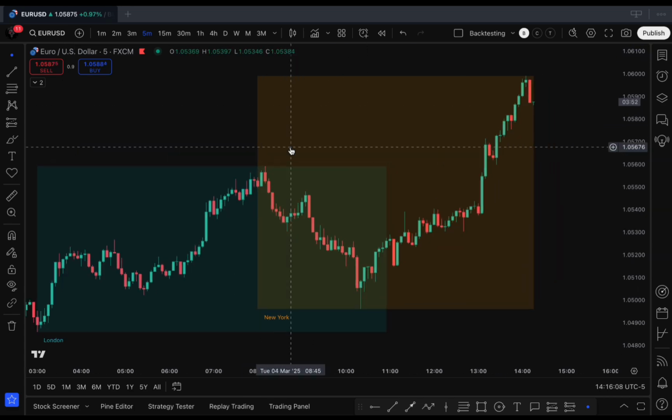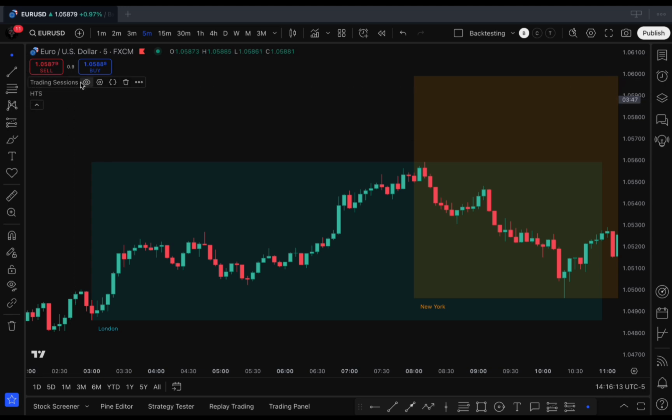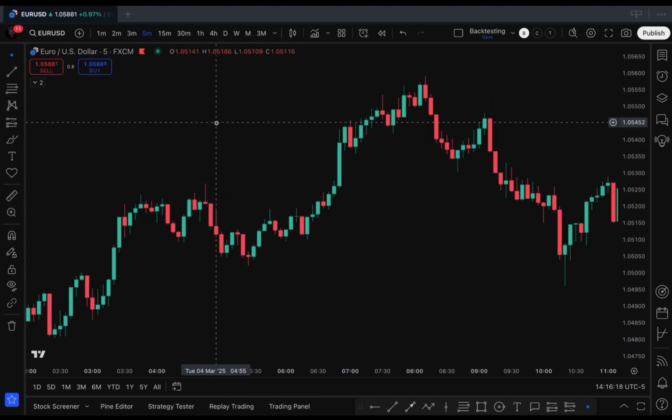All right, let's begin by introducing what a fair value gap is. Let me turn off these indicators for right now. So a fair value gap is actually an imbalance, okay? You might have heard about imbalances before, and you might know them and be able to identify them.